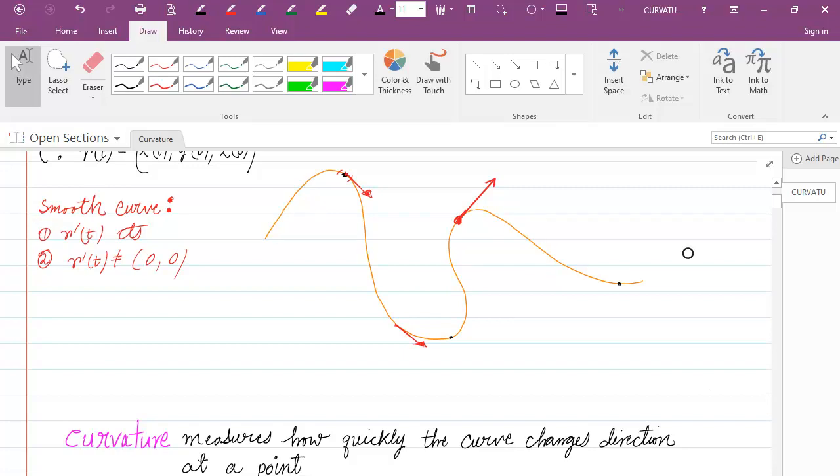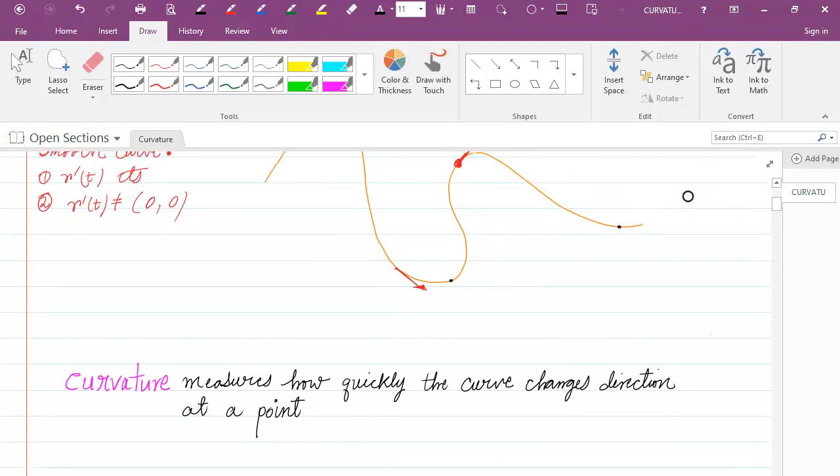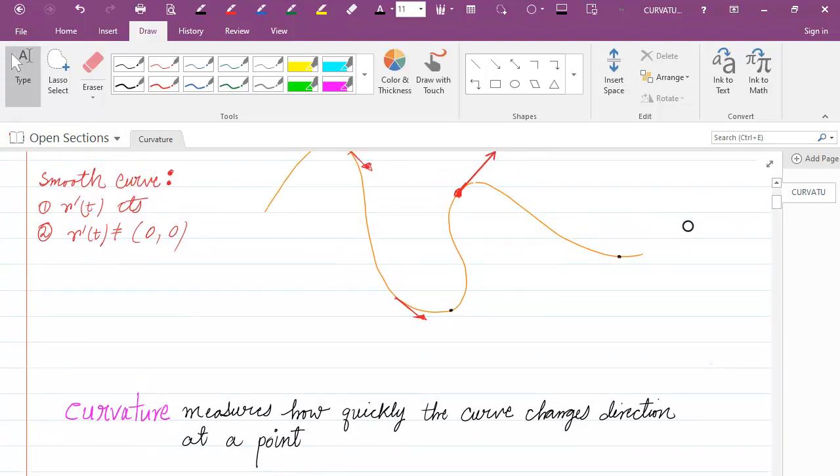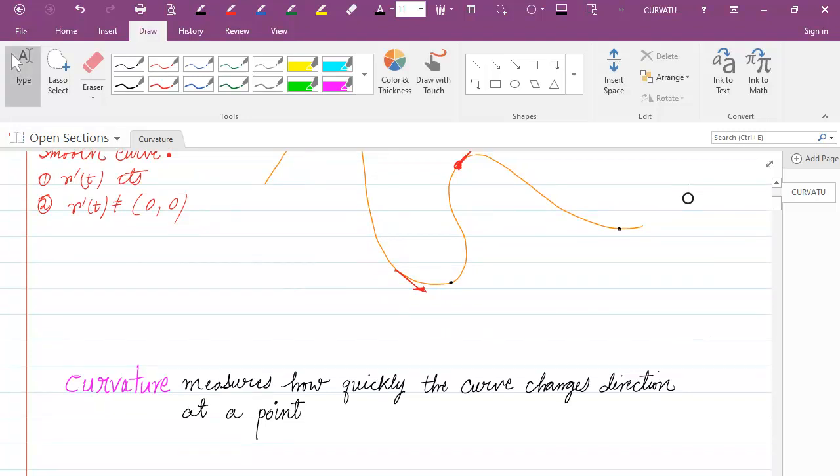Now, you can think of this as a racetrack, and then you are looking at how direction changes along the racetrack. So go ahead and think about how you can come up with such a measure, and in the next video we will try to come up with one.